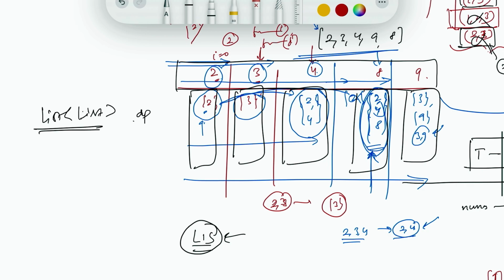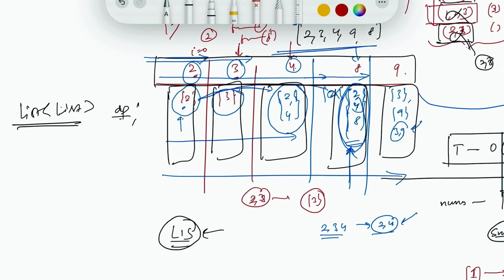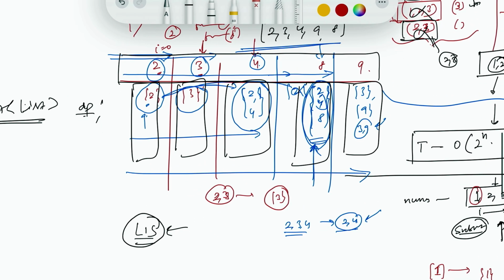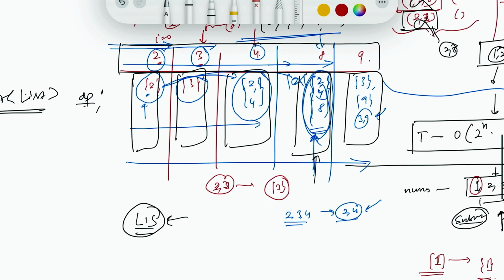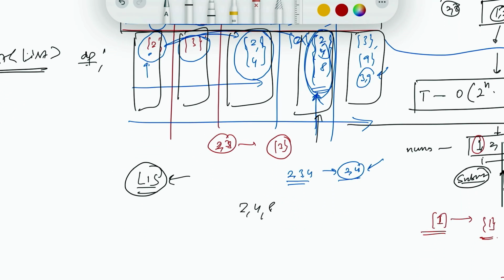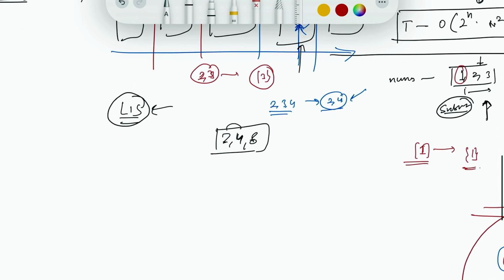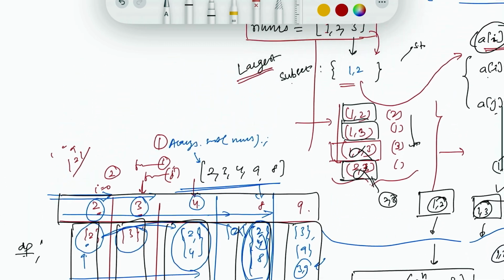You can call it anything, or you can call it DP as well. So here in this list, whichever list is the longest, that is our answer. So 2, 4, 8 follows our condition. Here 2, 4 is a valid pair, 4, 8 is a valid pair, and 2, 8 is also a valid pair. So we will return 2, 4, 8 from here.